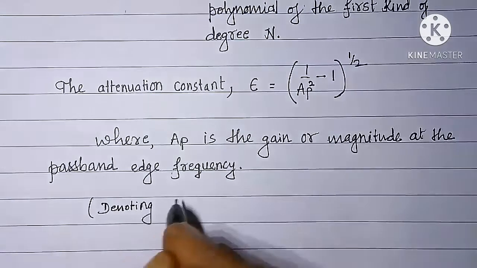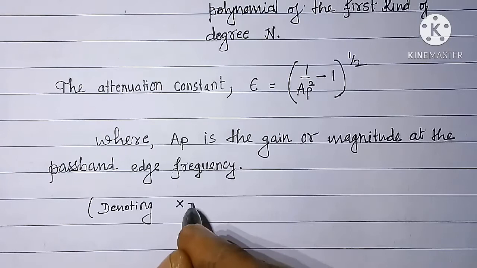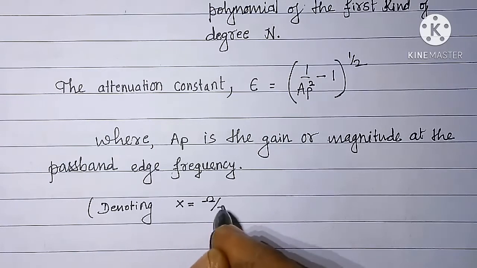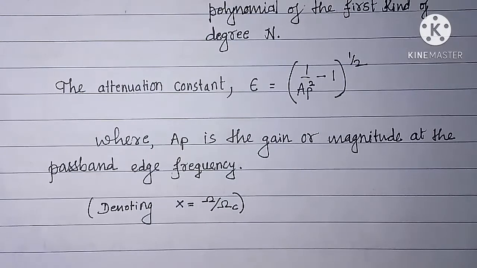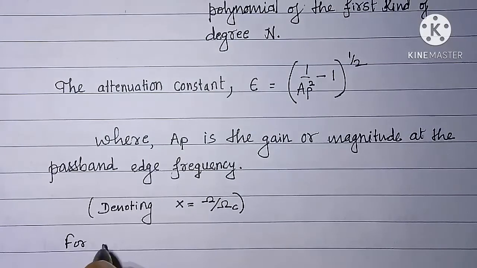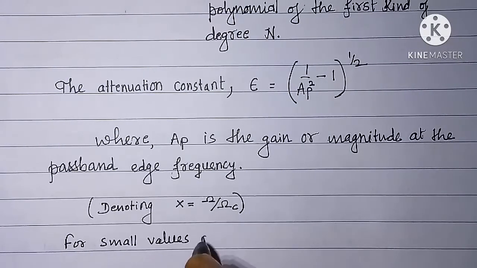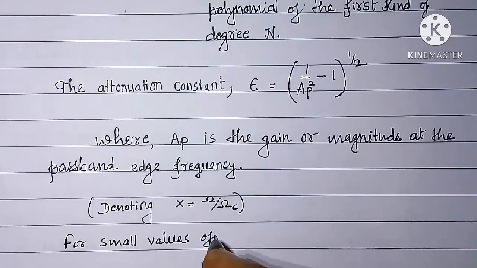Denoting ω by ωc by x, for small values of n.